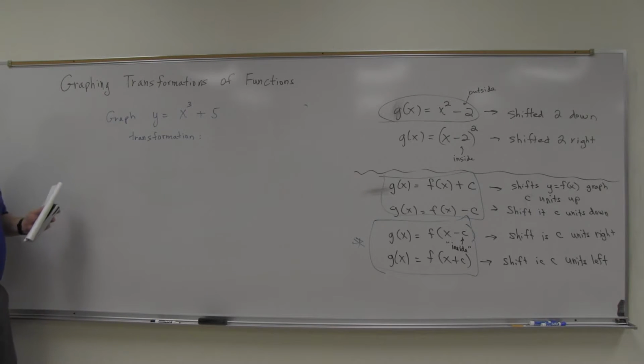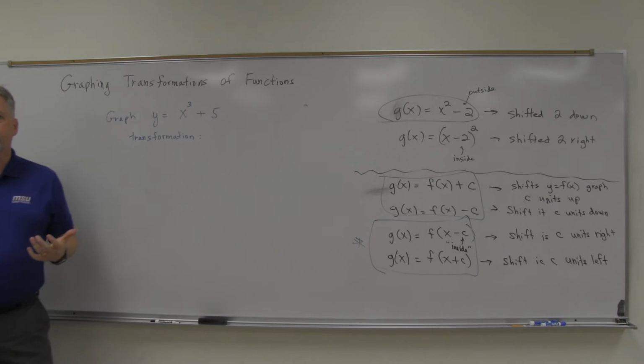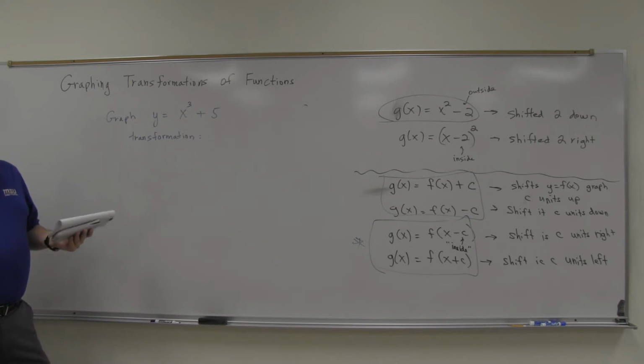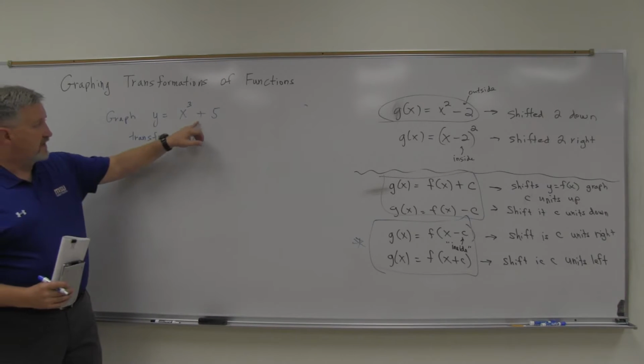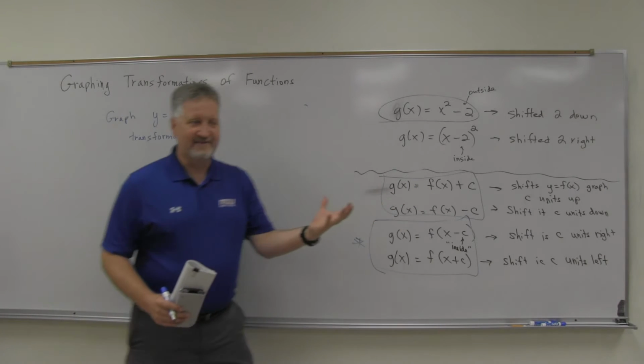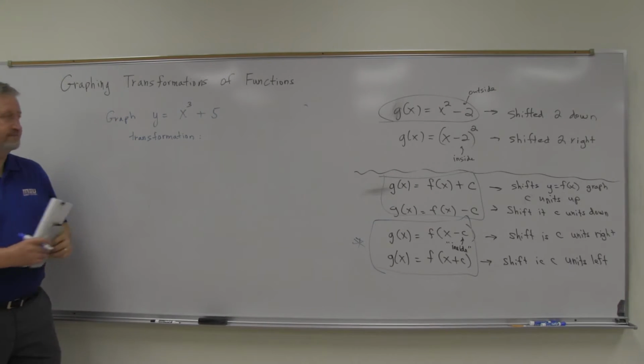What would be the transformation? Well, that's plus 5, but where is it? It's on the outside of the cubing function, so it's going to raise it up or down. We could call it a vertical transformation. If it's on the outside, it's a vertical transformation. And the plus is the nice one. It goes like you would think. It's going to go 5 units up.